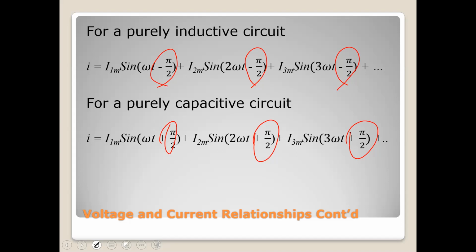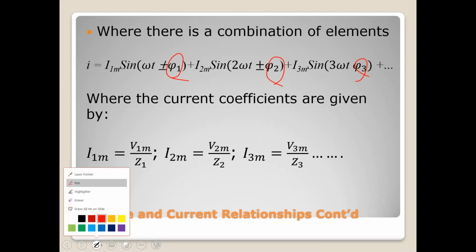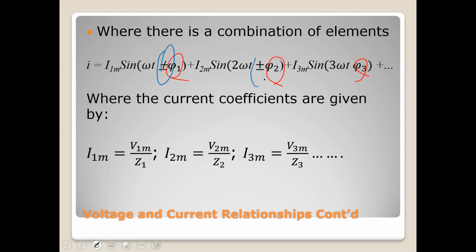But once I start combining them, it's going to be something, and we have here phi. Also, we don't know whether it is going to be negative or positive, so it's plus or minus phi.